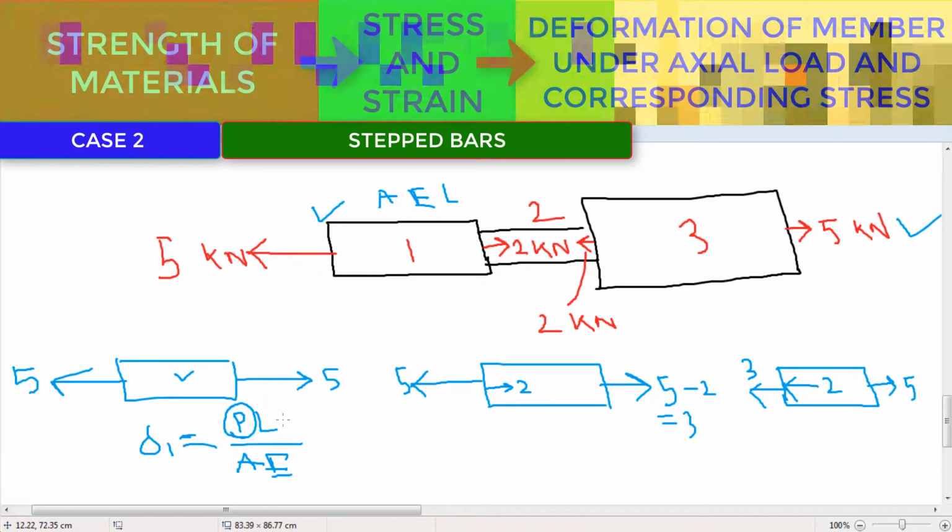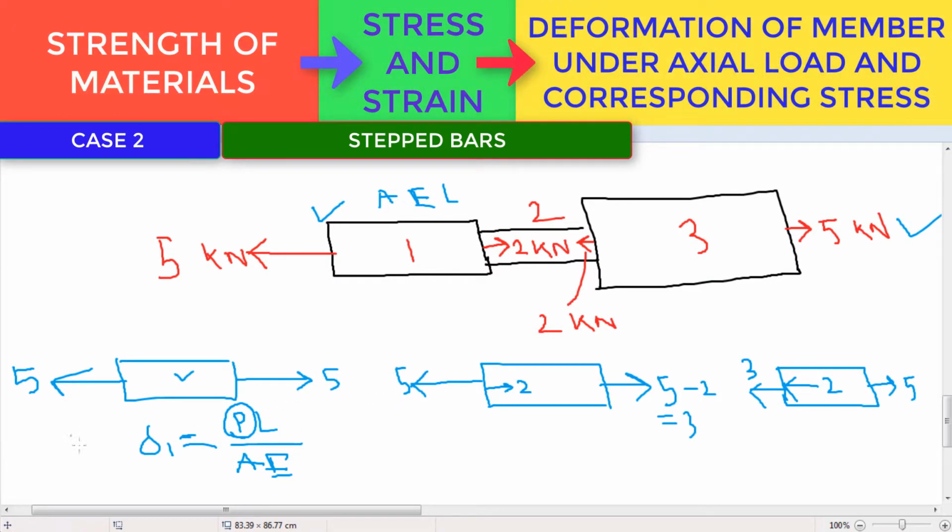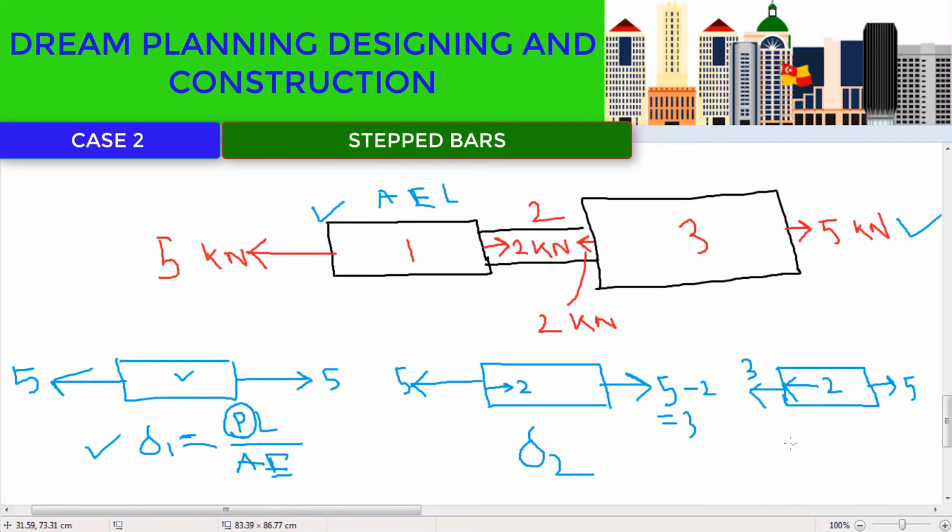So we can determine del 1. Similarly we can determine del 2 if A, E and L are given, and similarly del 3 if A, E, L are given.